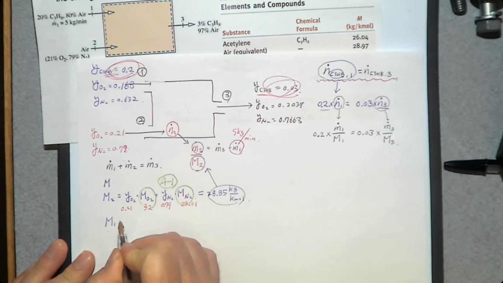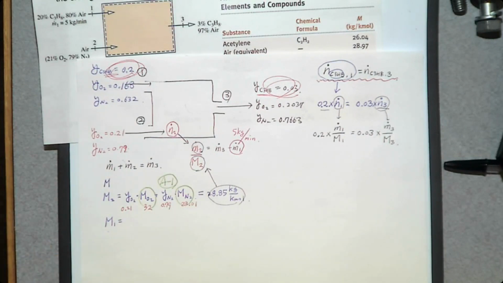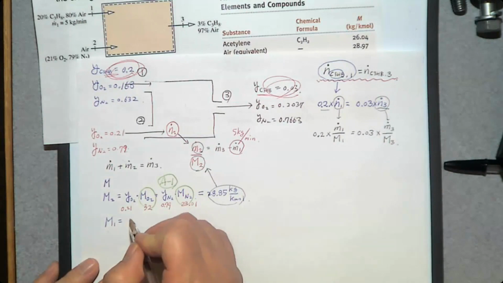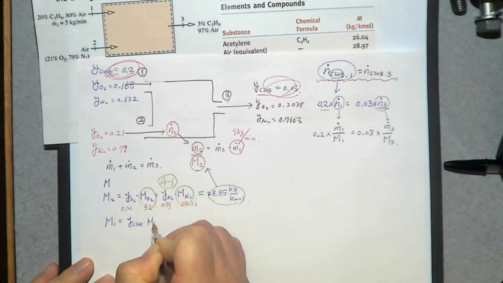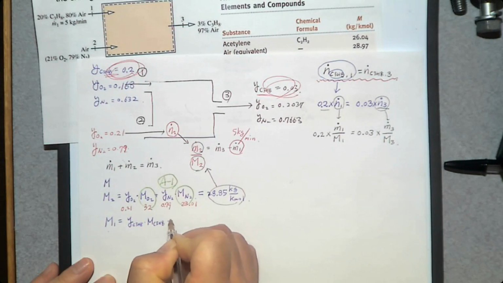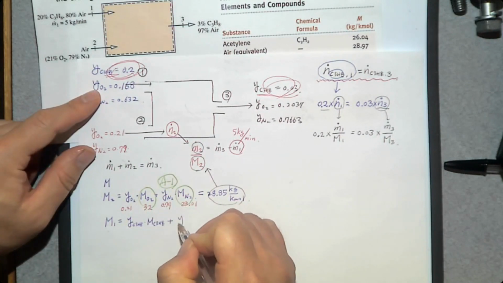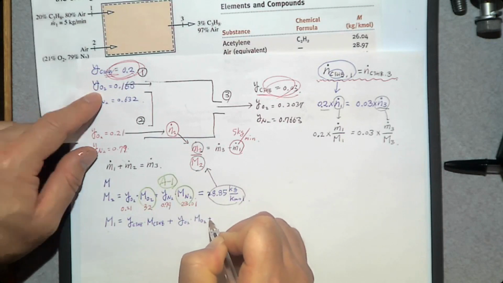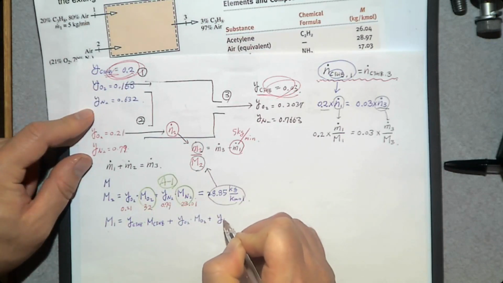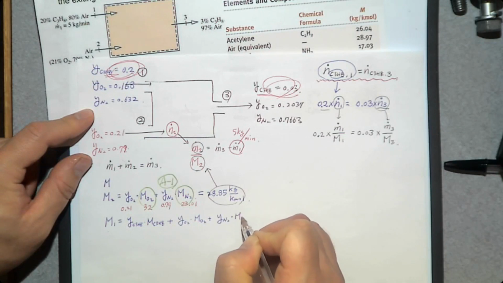M1 is going to be, what do we have at the inlet number 1? We have propane, oxygen, nitrogen. So instead of 2, we have 3. First, Y of propane times molecular weight of propane plus oxygen, Y of oxygen times molecular weight of oxygen plus nitrogen, Y of nitrogen times molecular weight of nitrogen.